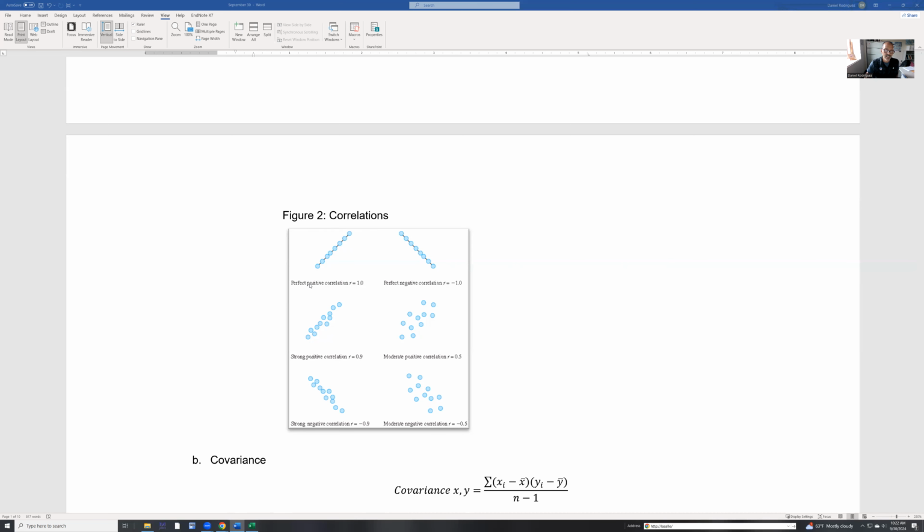So each individual has a score on two variables. If I was conducting a study looking at self-esteem and happiness, whether they're related, each person would complete a measure of self-esteem and then a measure of happiness. I'd get their score in each, and where their scores meet, that's what these points represent. So these points are the intersection of their two scores.